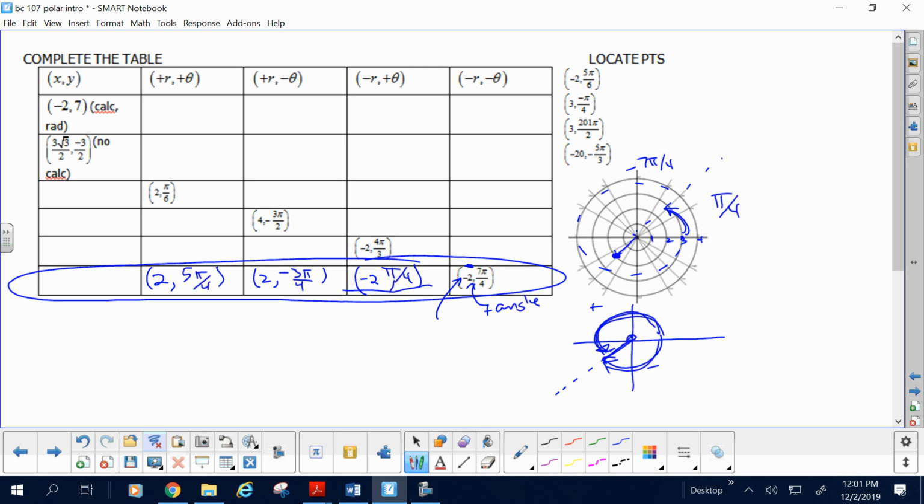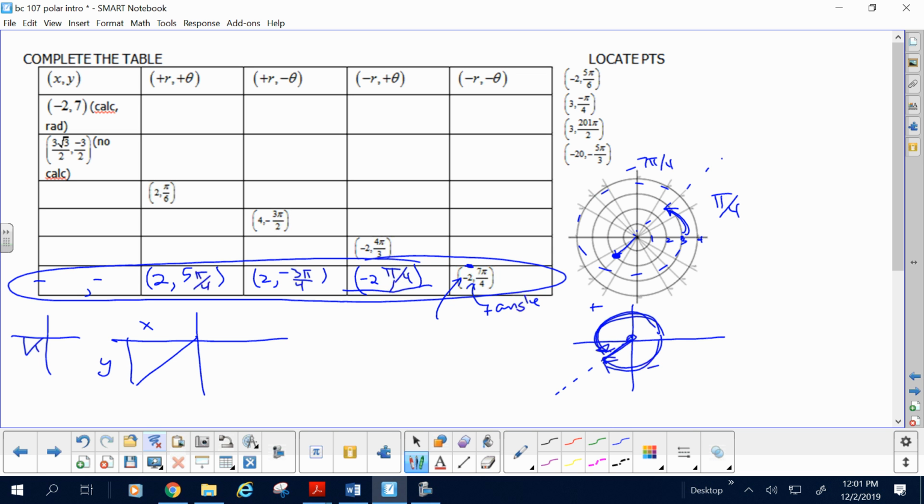Okay? Now, the rectangular for this goes to a little bit of a trick here. If I said, hey, here's the 45-degree angle, and I want the x and the y, I think we can all agree that in the third quadrant they're definitely going to both be negative. How do I find the x and the y? Think of it like a normal pi over 4. A unit circle, the radius is 1, right?